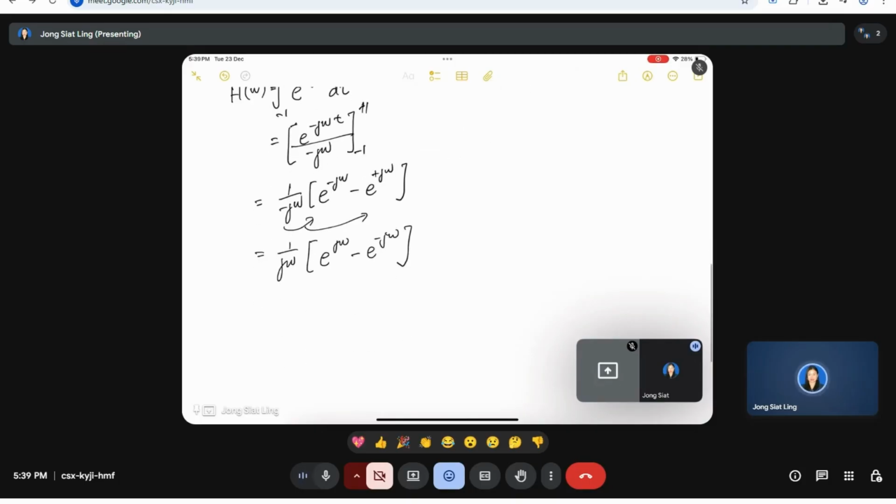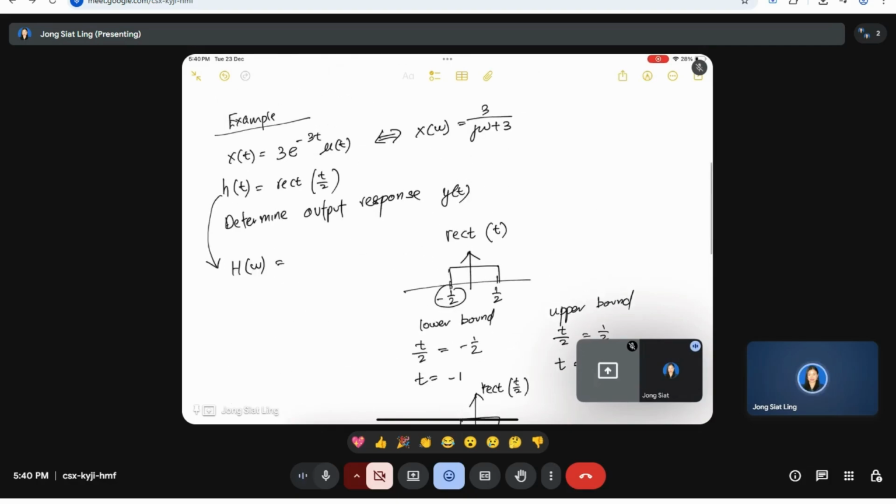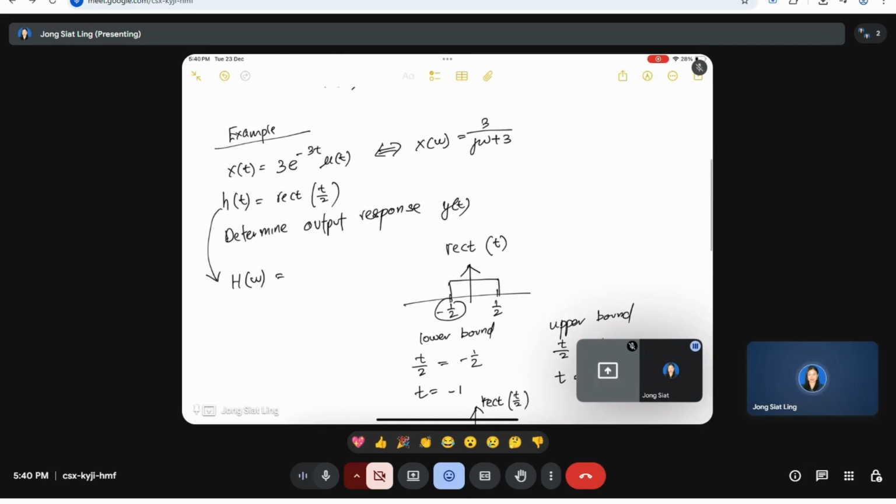Then I want to find Y(omega). So Y(omega) is what? Y(omega) is X(omega) multiplied with H(omega). From the given input, you know that X(omega) is 3 over j omega plus 3.